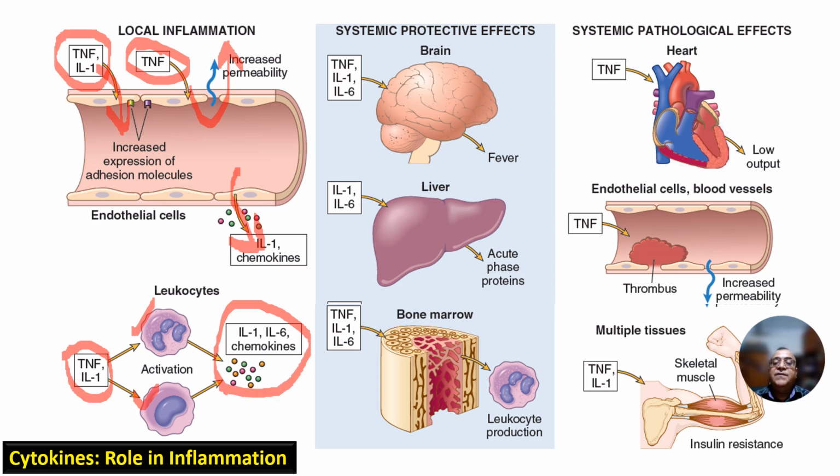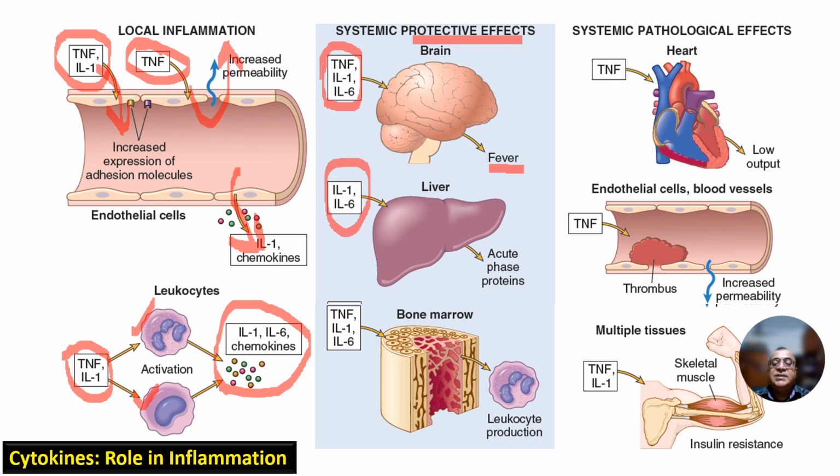Then the effects of the cytokines during inflammation have some protective effects. TNF, interleukin 1 and interleukin 6 are associated with the onset of fever. That is a protective mechanism that alarms the body that something is going wrong.